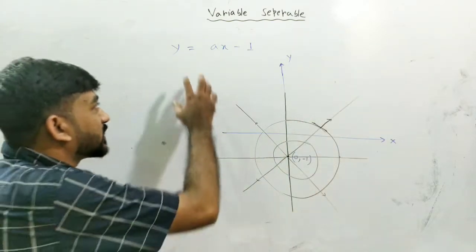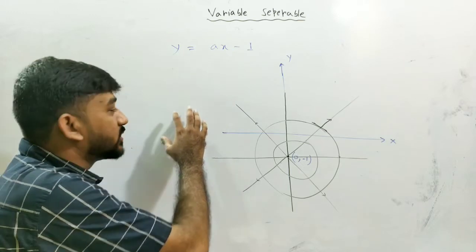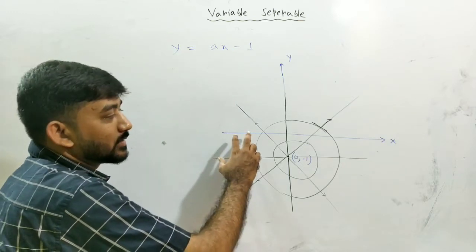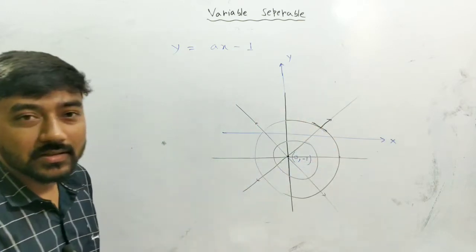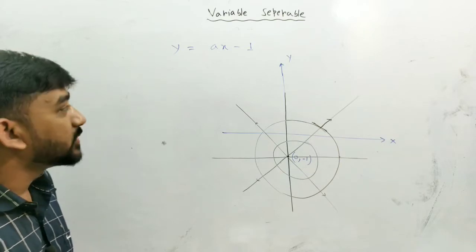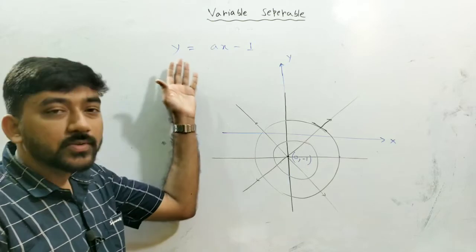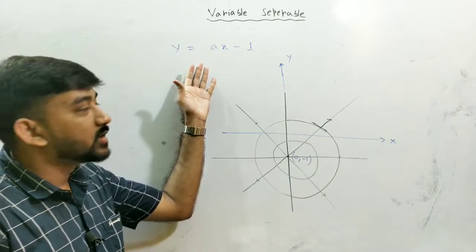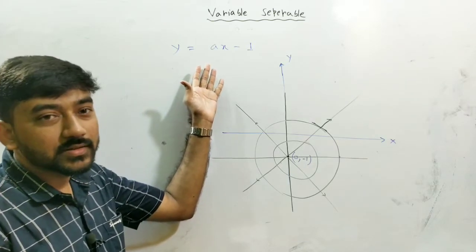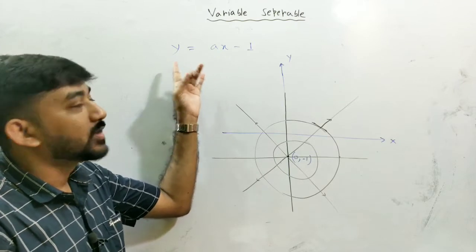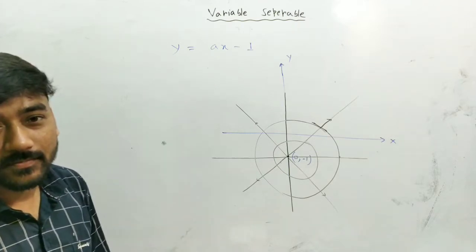And we can mathematically determine that the orthogonal trajectory is nothing but the equation of a circle. So mathematically, the orthogonal trajectories for this equation are a family of concentric circles.